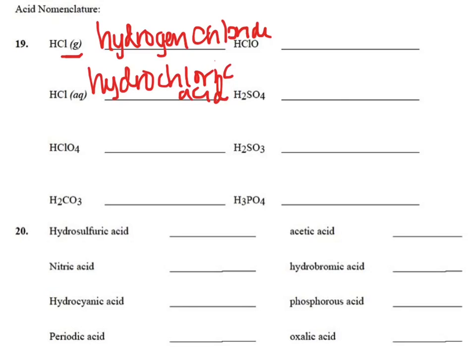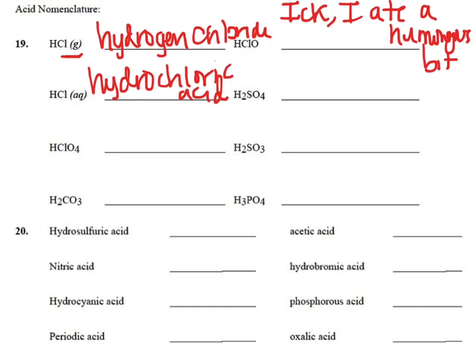Whereas if it is a polyatomic, then you have to go to your rules, and I always remember it as "ic, I ate a humongous bite." If it ends in ate, the name goes back to ic. And if it ends in ite, the name goes to ous.